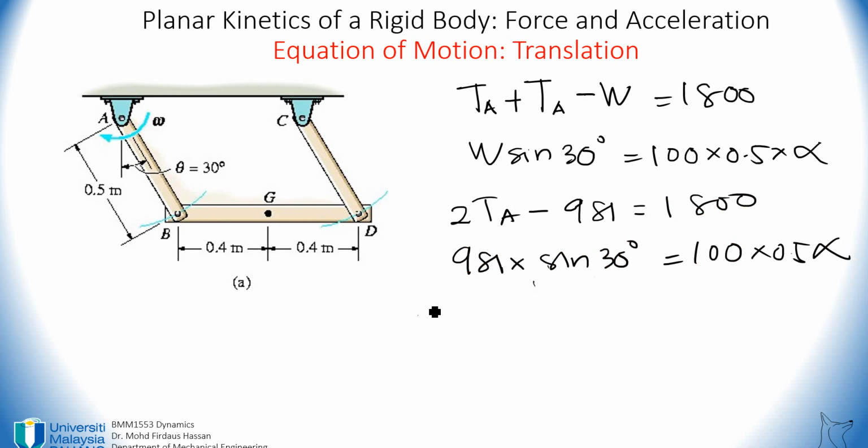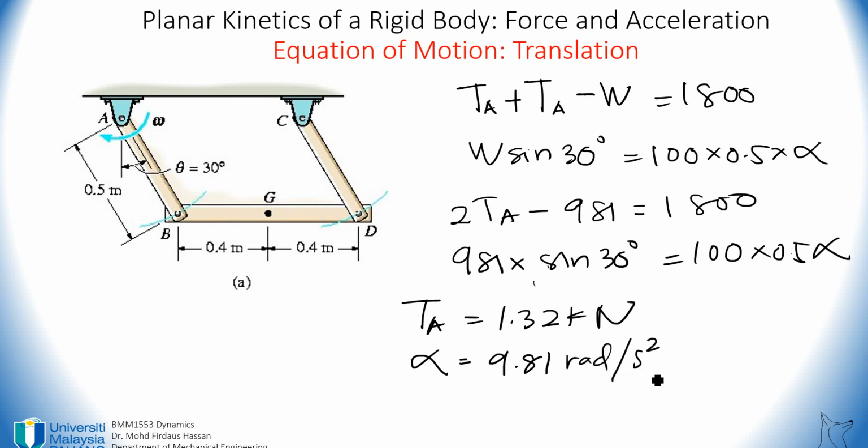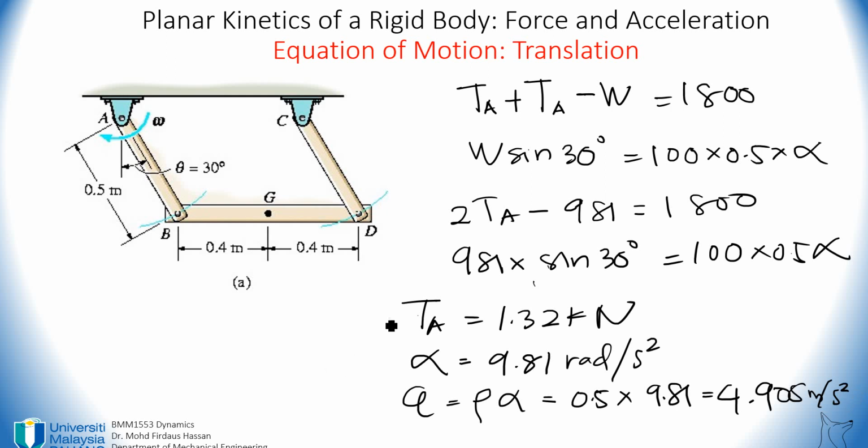So you can get the answers here, which is TA is equal to 1.32 kilonewton, and alpha is 9.81 radian per second squared. Since in the problem you need to find A, A is rho alpha, which is 0.5 times 9.81, which is 4.905 meter per second squared. So that's the answer for this problem.